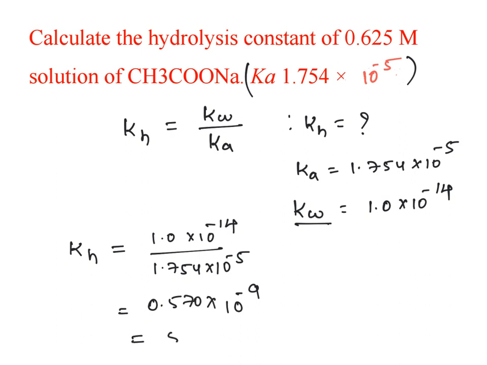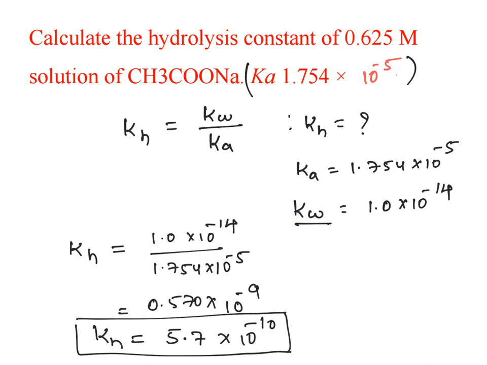So I can write 5.7 into 10 power minus 10. While solving this kind of problem, make sure whether the Kw value is given in the problem or not, otherwise we can take it as the default. And the acid dissociation constant is for acetic acid here; depending upon which weak acid they give, this value changes.